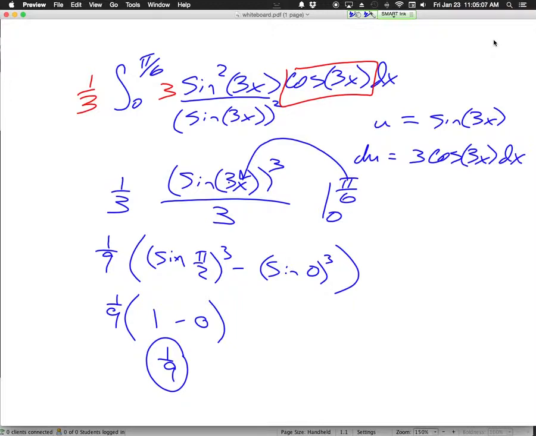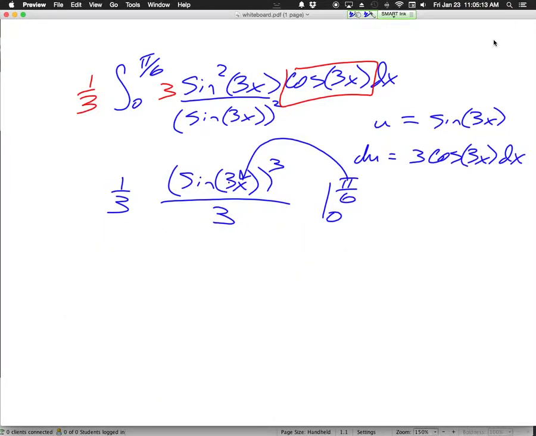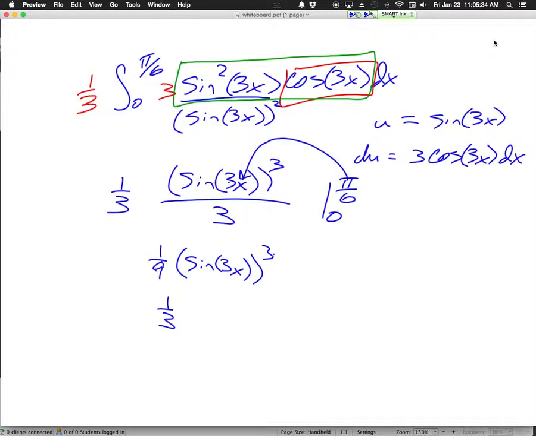So let's go back to this point just to verify that we integrated correctly. If I simplify this right here, we are looking at 1/9 sine of 3x cubed. So when I integrate that, I should end up with that. We bring the 3 down. 3 times 1/9 gives me 1/3.